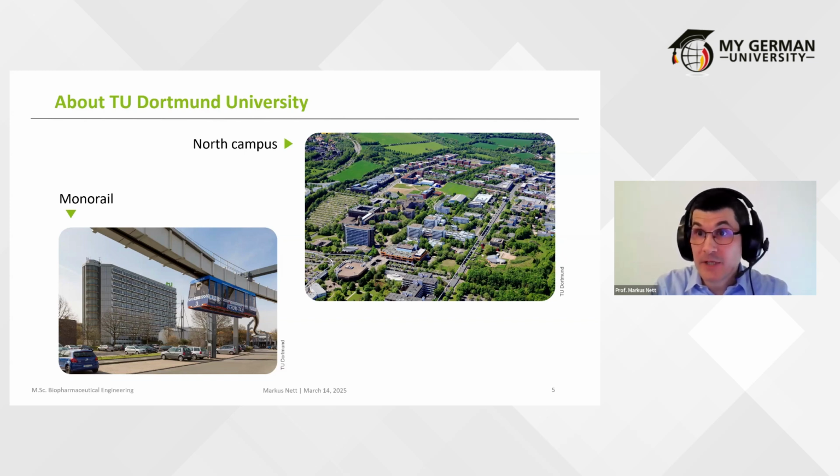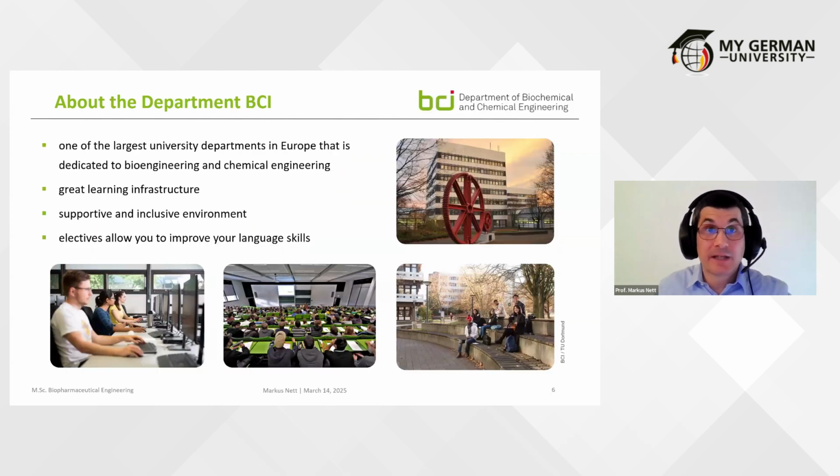Well, one of the most prominent buildings in the entire university is the Mathematics Tower, which houses the Faculty of Mathematics. And here you can also see the rear side in the lower photo of this building. So this is the Mathematics Tower. Our own department, the Department of Biochemical and Chemical Engineering, is also located on the northern campus, just across the Mathematics Tower.